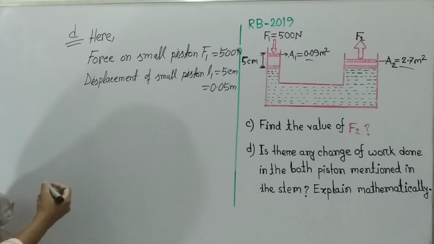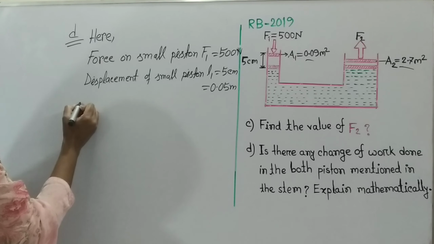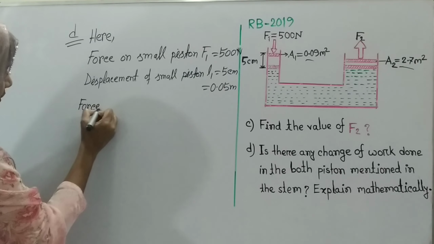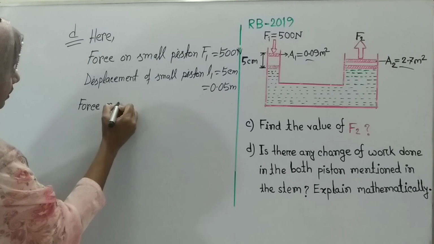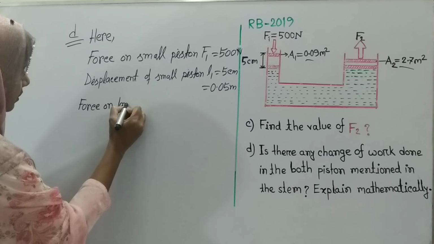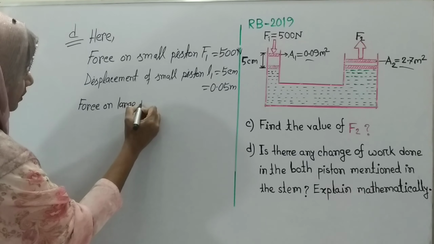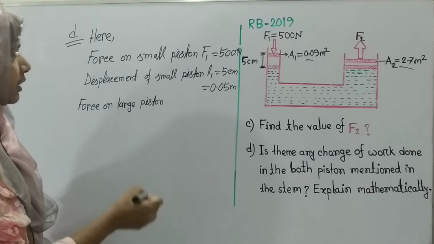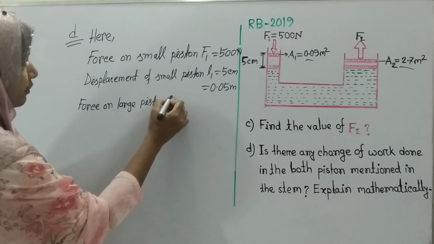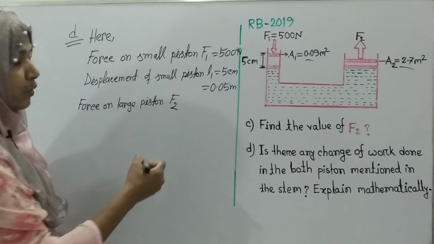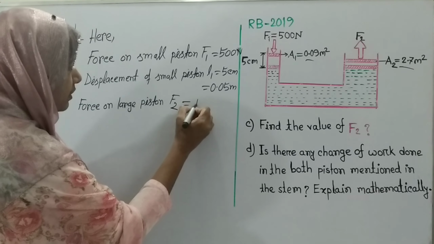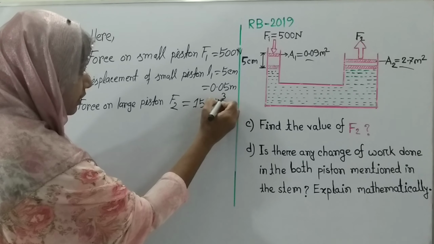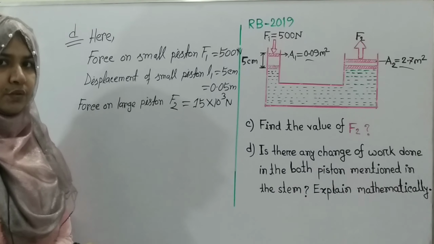Now force on large piston. The value of force on large piston we get from question number C, that is 15 into 10 to the power 3 Newton.